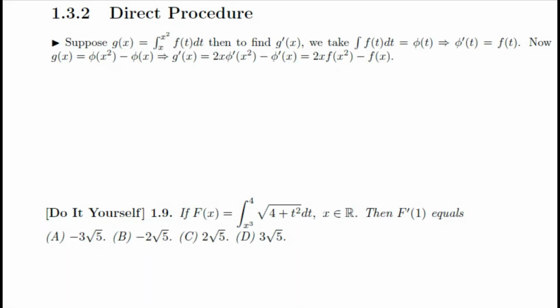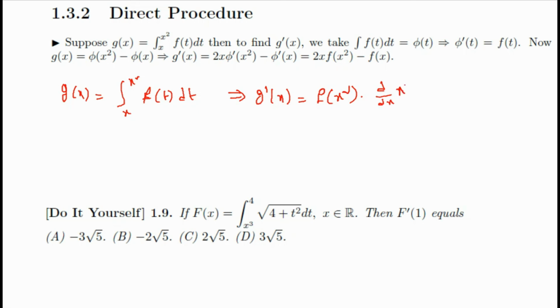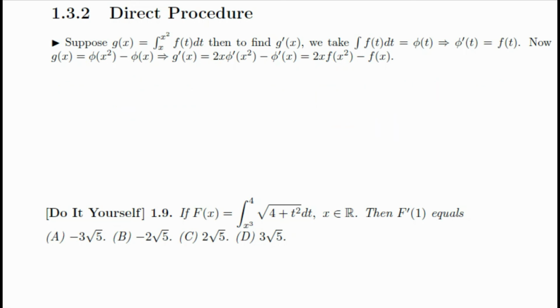Now according to the Leibniz formula, you can easily find, say g of x equal to integral x to x square of f of t dt, then according to formula 3, g dash x equals f of x square into d dx of x square minus f of x into d dx of x, and ultimately we will get 2x f of x square minus f of x.